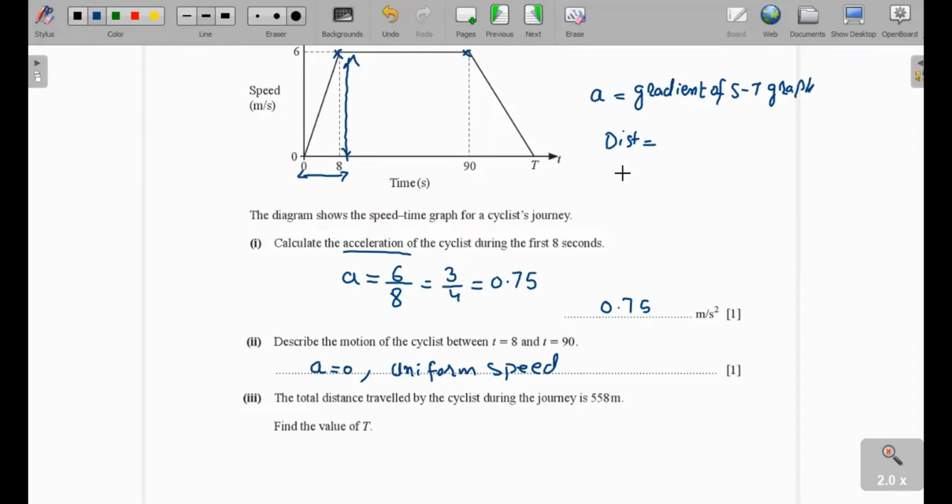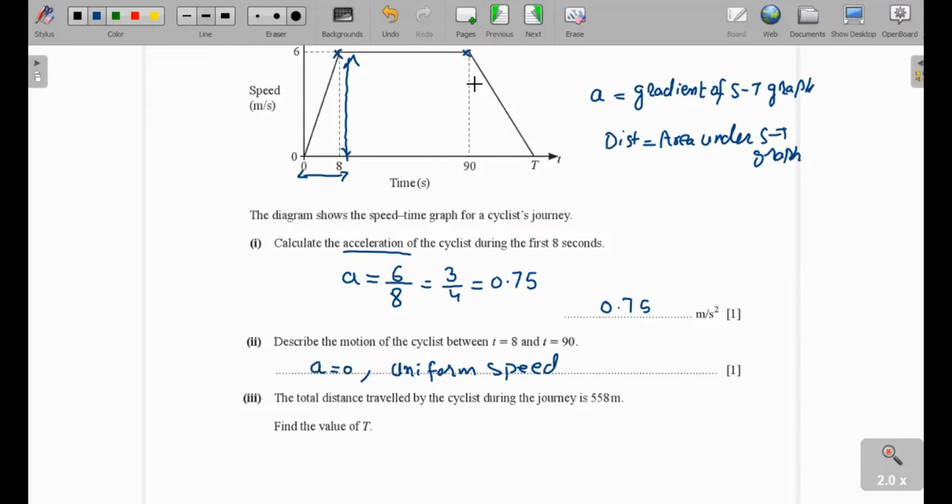The area under the speed time graph is equal to the distance.